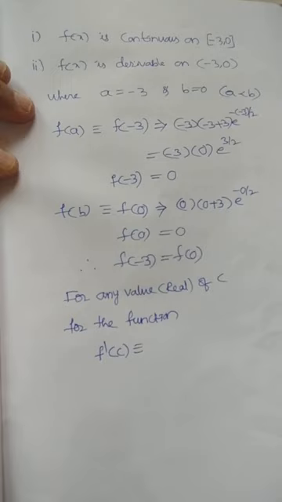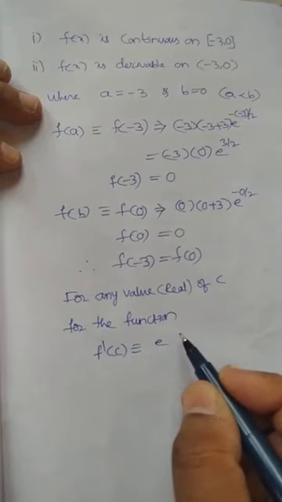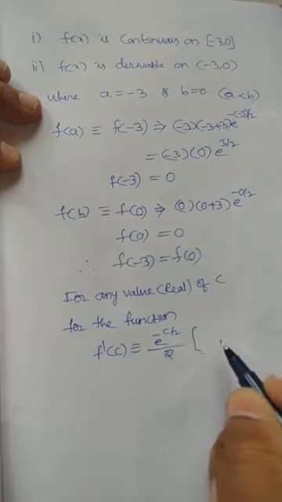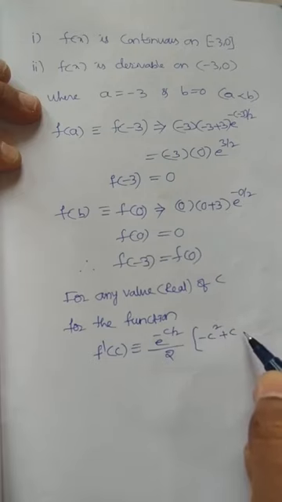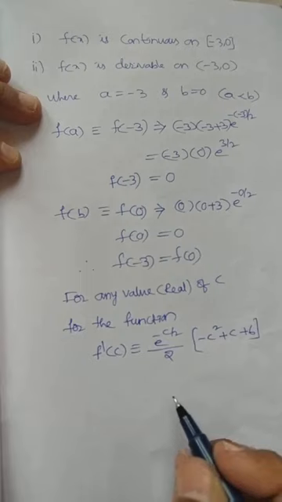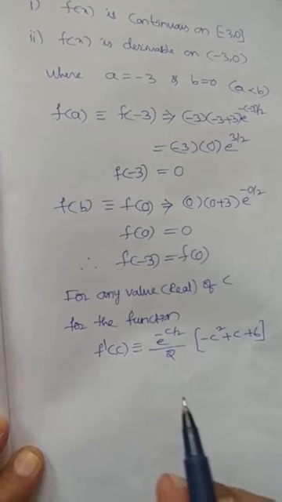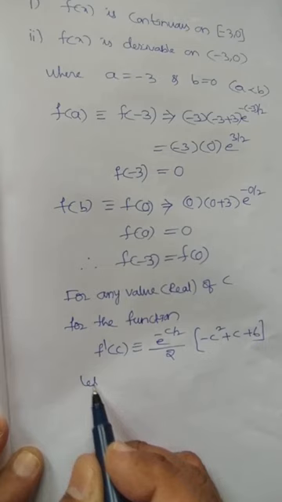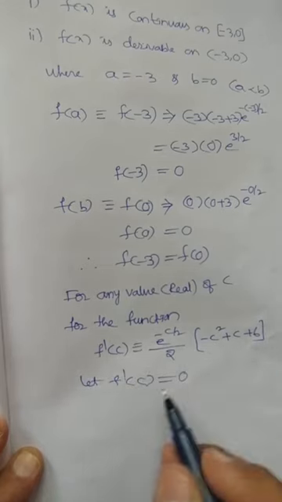In that, in place of x I am going to substitute c, so that I could get f dash of c is equal to e power minus c by 2 into minus c square plus c plus 6. Now I have to equate f dash of c to 0. Later f dash of c is equal to 0 means this term will be 0. So it is what?